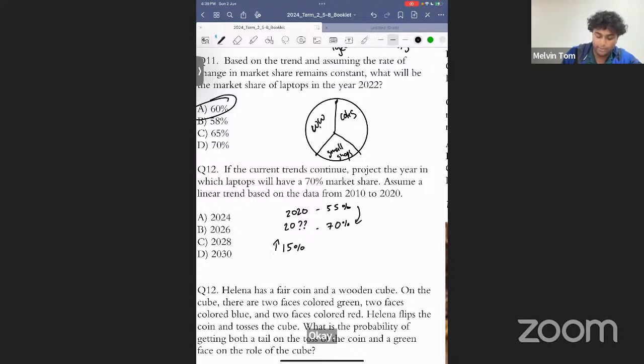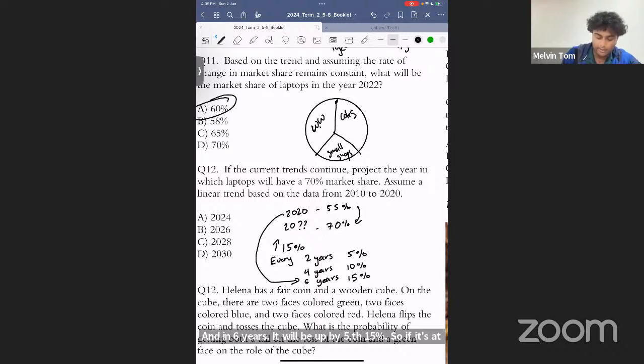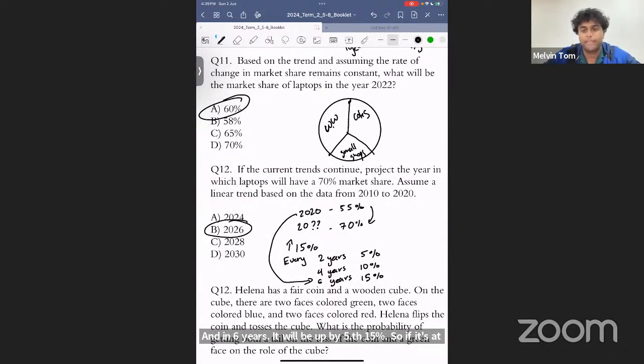We know every 2 years, it goes up by 5%. So in 4 years, it will be up by 10%. And in 6 years, it will be up by 15%. So if it's 2020 plus 6, it'll be 2026.